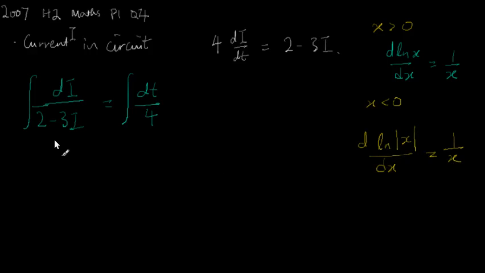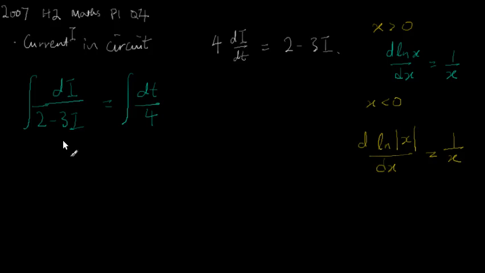But in this case, it is not just 1 over x, or in this case 1 over I. I have this 2 minus 3I, and because I have a minus sign here, things are a little bit complicated. We can use integration techniques like substitution and so on, and that would mean a few more steps.